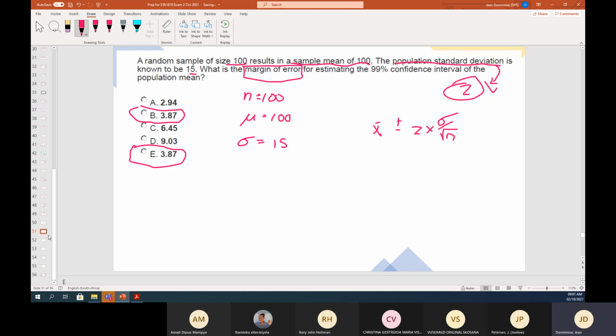When you look at the Z, I just want to write both of them. If you look at the proportion, if they do this in the exam and give you the proportion one, we just cover that as well.